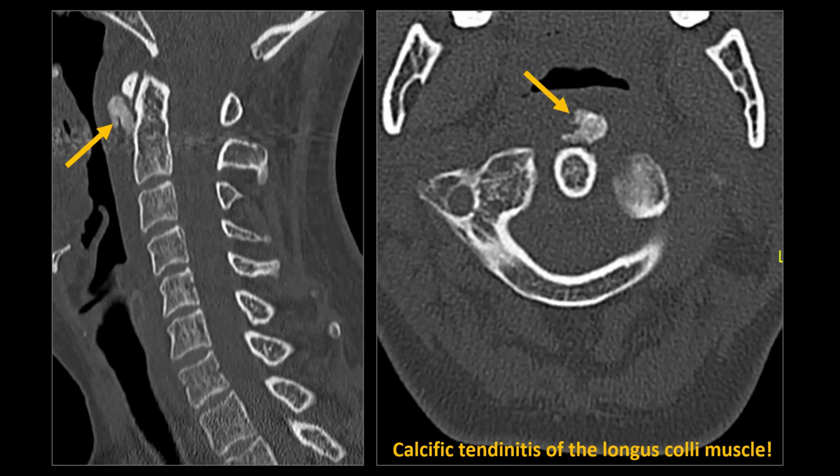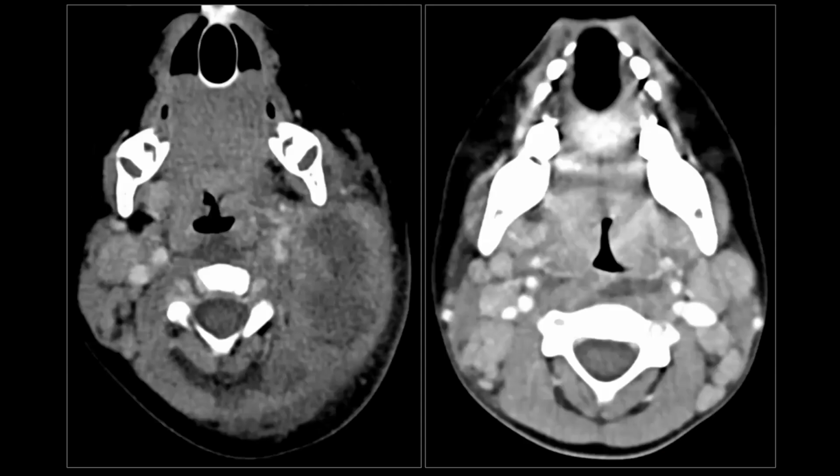These calcifications are caused by hydroxyapatite crystal deposition, and this can invoke a very severe inflammatory reaction. These patients present with neck pain, and due to the proximity of the retropharyngeal space, we can see a retropharyngeal edema in these patients, as was the case in this patient.